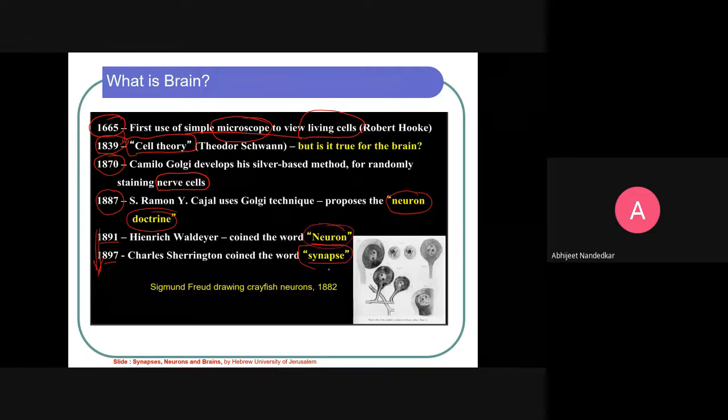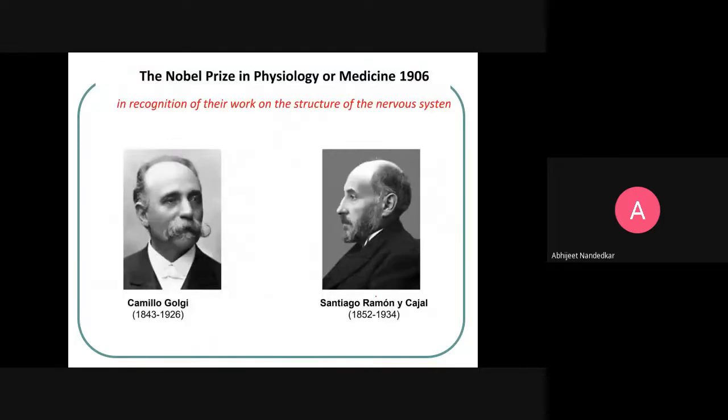What this exactly is, we will see later on. These two persons got the Nobel Prize in physiology or medicine in 1906 in recognition of their work on the structure of the nervous system. So Camillo Golgi and S.R. Cajal did the pioneering work in this field of biological neurons.